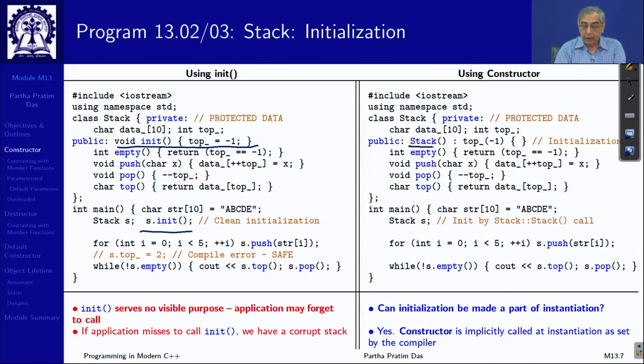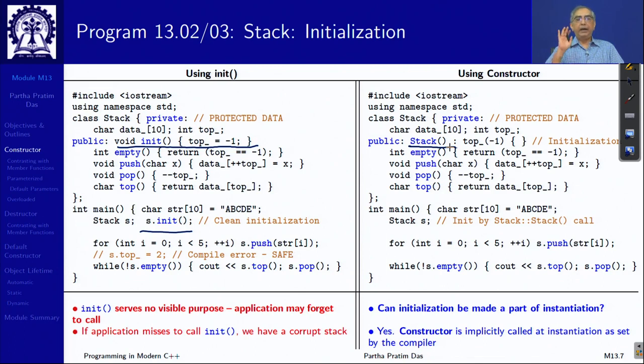Now, C++ allows that you can write a constructor. A constructor is a special function which has the same name as the class. So, why do we have that? The reason is simple. I need to initialize every object of every class that I create.